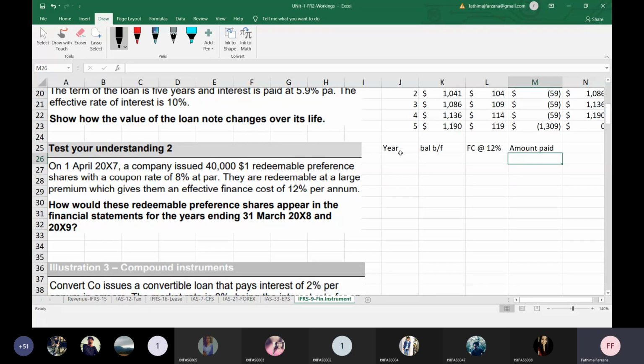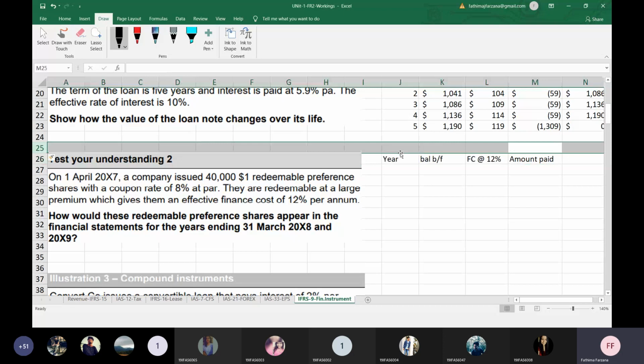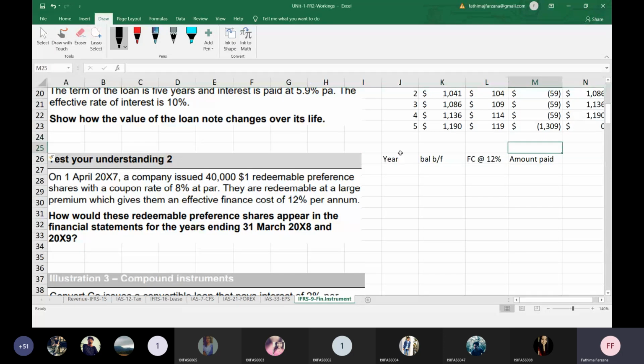Amount paid will be like, what is the interest we are paying? 8%. And is there anything mentioned about when we are redeeming, any information about it? No, ma'am. We don't have any information about it. Okay, so we'll just take this.